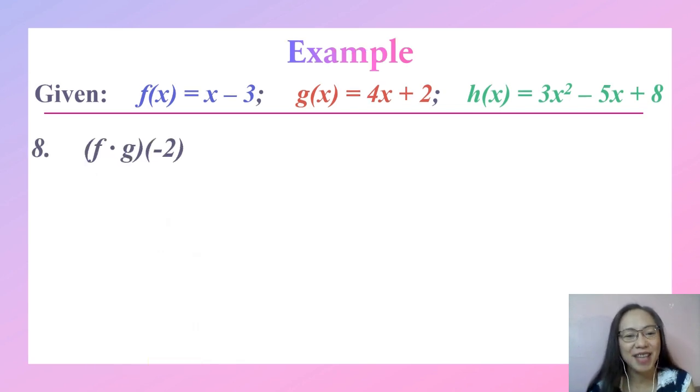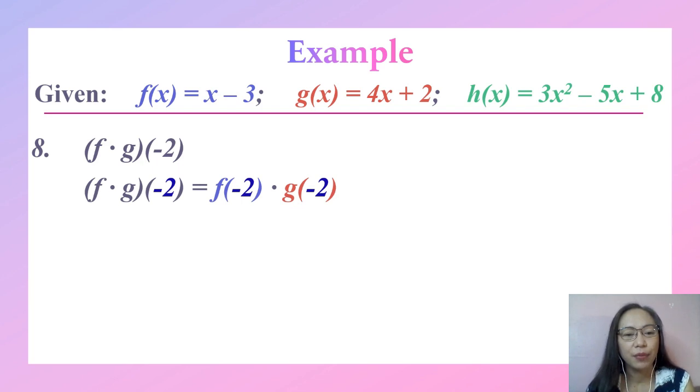The eighth example, we have f times g of negative 2. So again, we extend the definition. We have f times g of negative 2. We define it by f of negative 2 times g of negative 2.